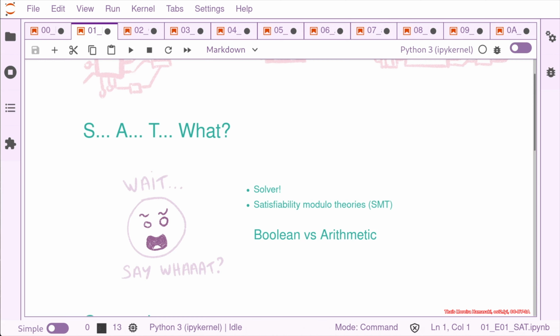About SMT, you can think of it as an extra layer added on top of the SAT problem that adds bit vectors, arithmetic support, and arrays.